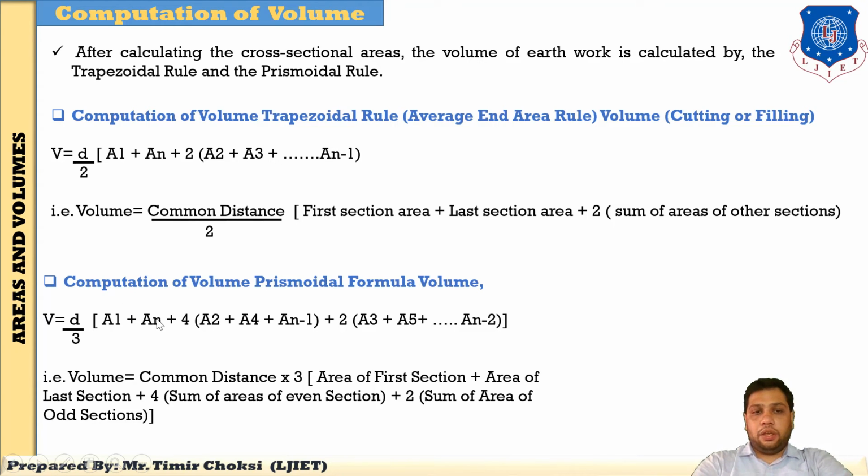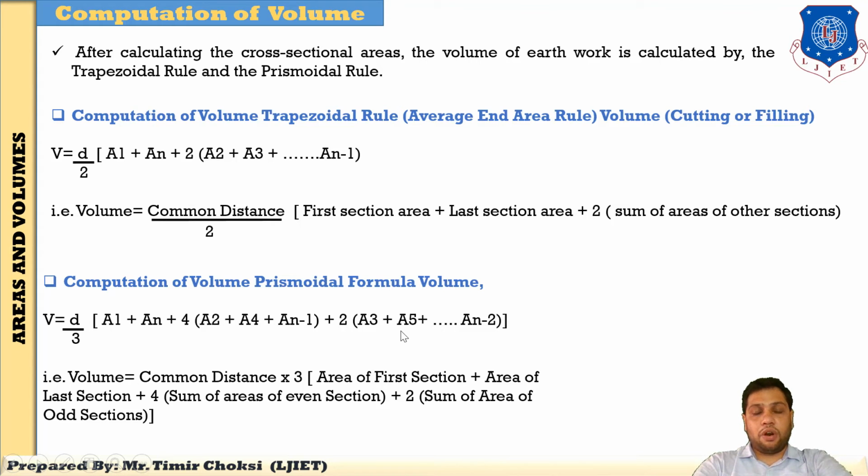Similarly, the second formula: volume equals D by 3, common distance divided by 3, first area plus last area plus 4 in bracket, sum of the areas of even sections, plus 2 in bracket, sum of the areas of odd sections. Like the Simpson rule, first ordinate plus last ordinate plus 4 in bracket, sum of the even ordinates, plus 2 in bracket, sum of odd ordinates.